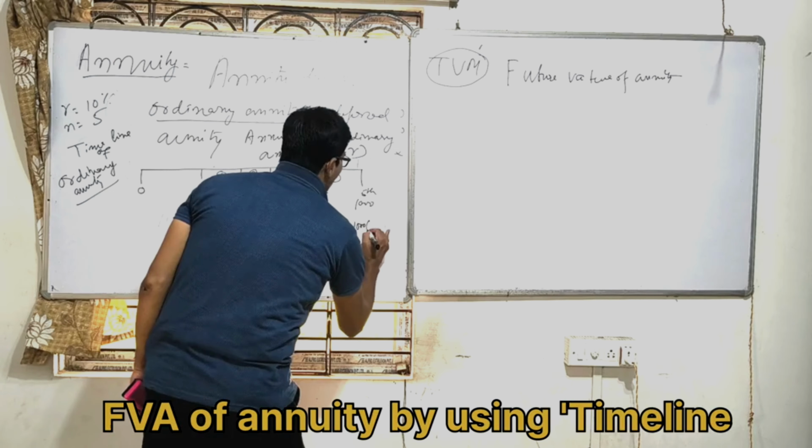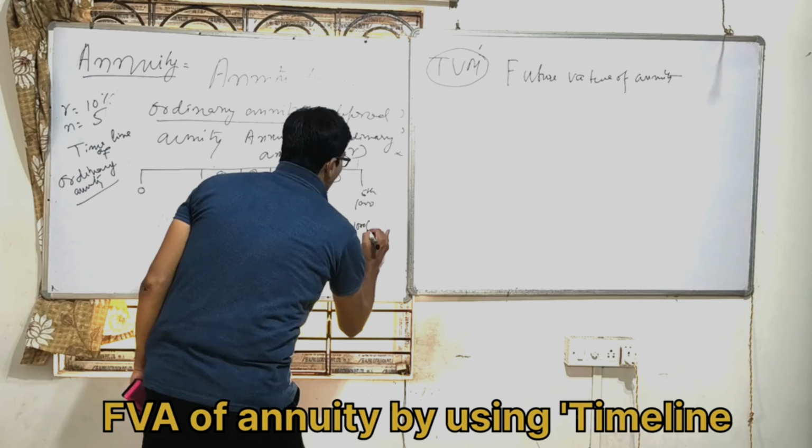So 1000 into 1.464. What is the amount? 1464 will be the amount. This is the future value of this amount. And this amount will be, you see, 1000 into 1.1 to the power 3.